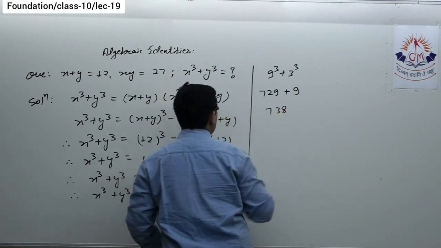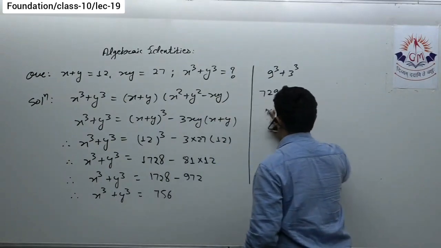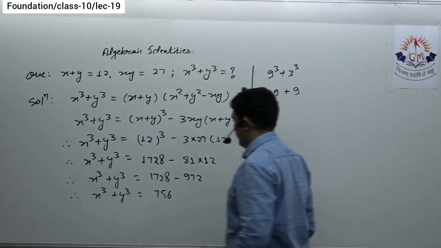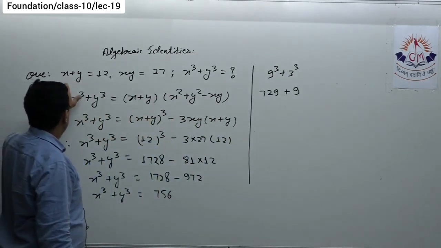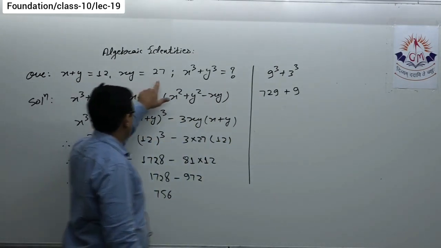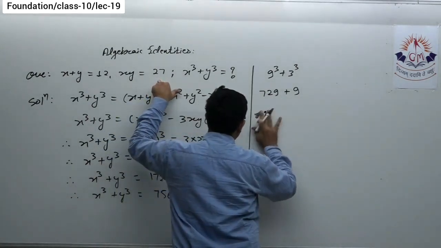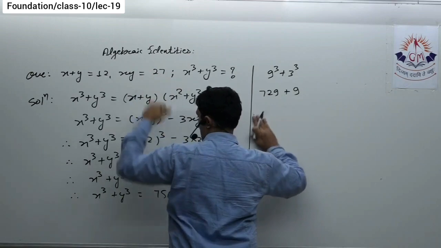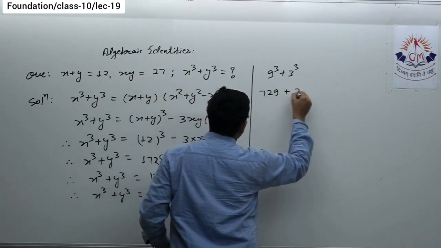So there is a difference between these two answers. Okay, 3 cube is 27.